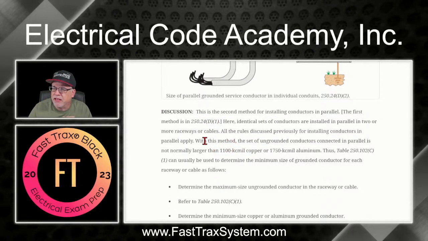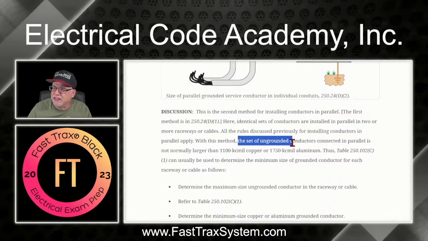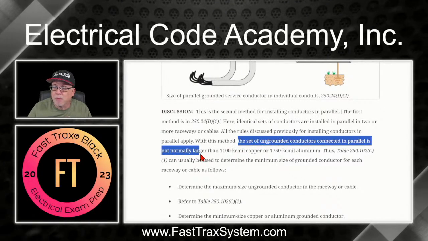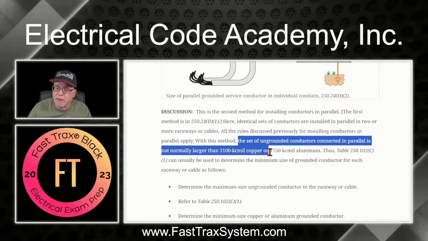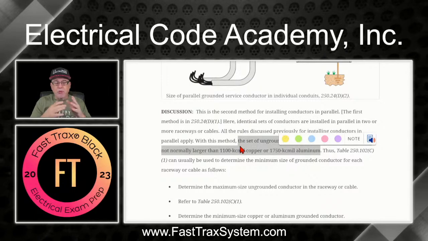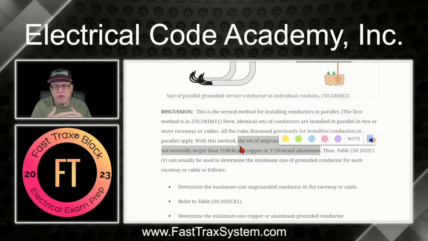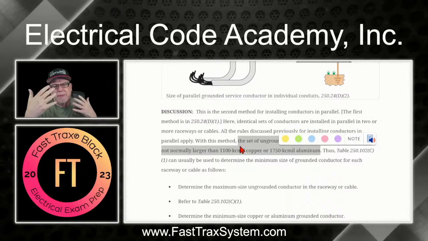No different, okay? Now with this method, the set of ungrounded conductors connected in parallel is not normally larger than 1100 kcmil copper or 1750 aluminum. So think about this for a second. The reason that we parallel ungrounded conductors, the hot conductors, is because we need more current, more amps available.